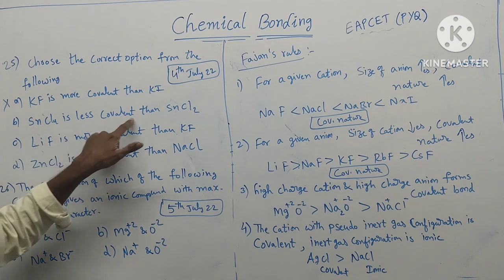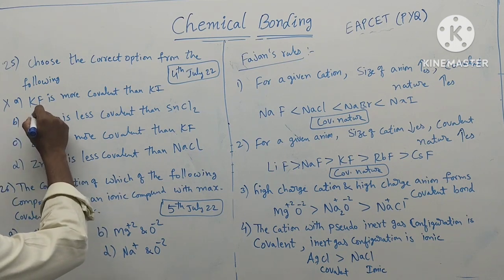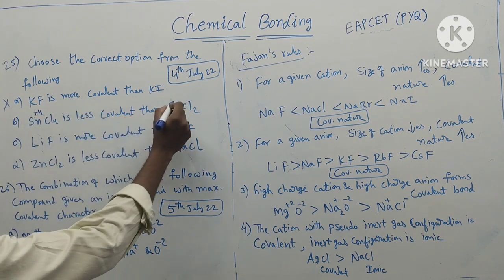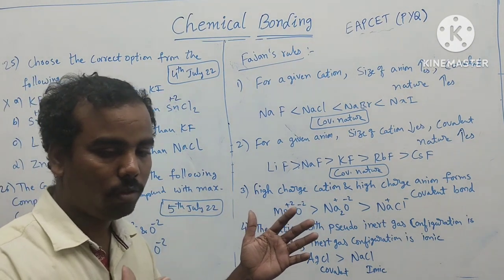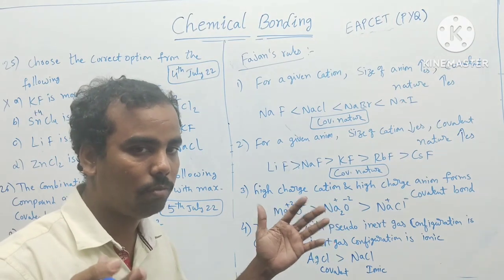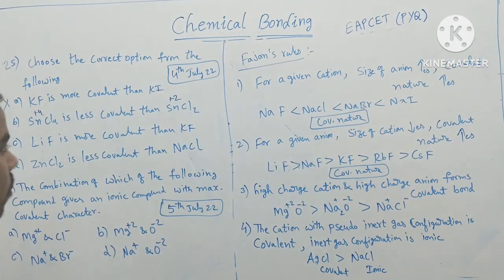SnCl4 is less covalent than SnCl2. Here the Sn charge is plus 4, here the Sn charge is plus 2. A large sized cation forms an ionic bond, a small sized cation forms a covalent bond.